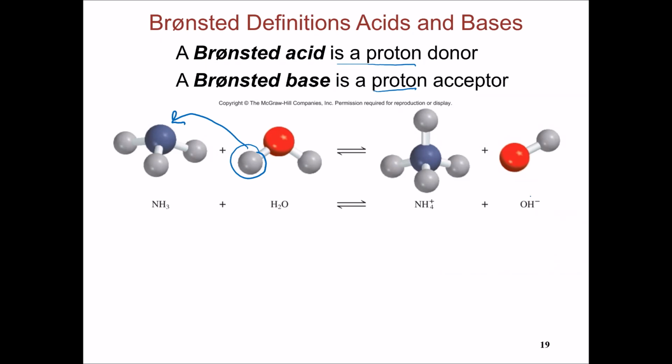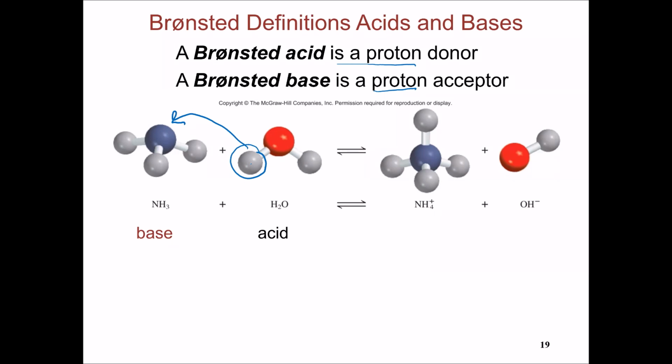So in this case, the substance that donates a hydrogen ion is called an acid, while the substance that accepts a hydrogen ion is going to be called the base. So water in this case is going to be an acid because it donates a hydrogen ion, and ammonia is a base because it accepts a hydrogen ion.